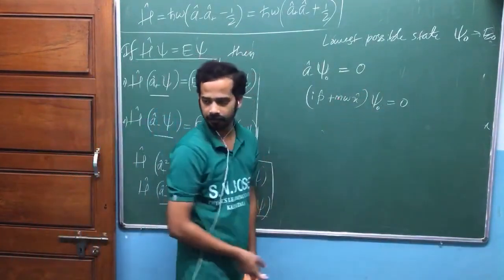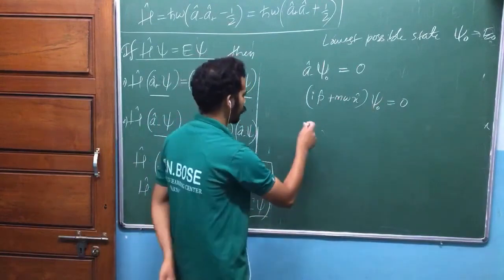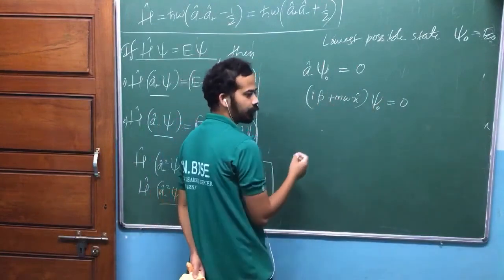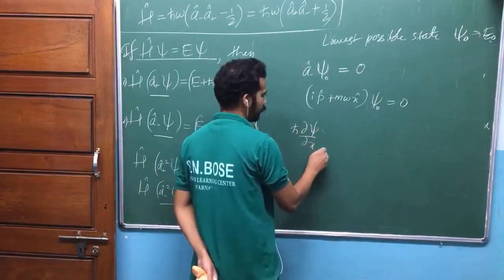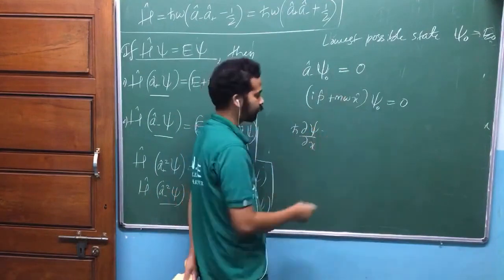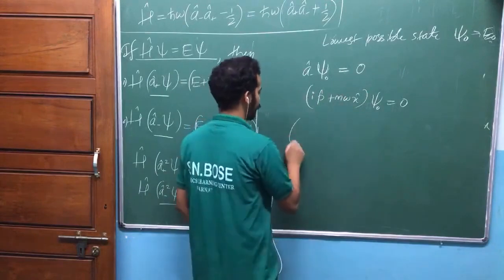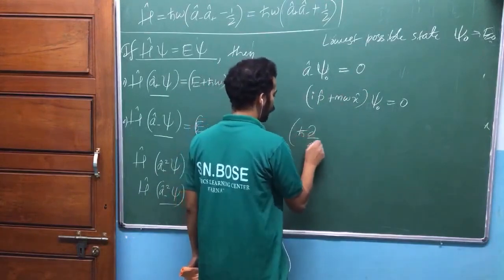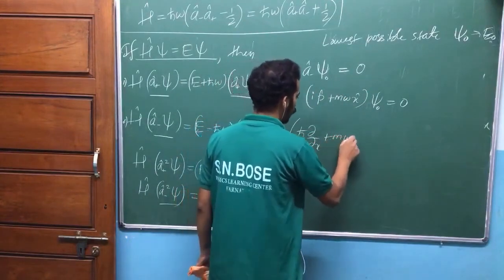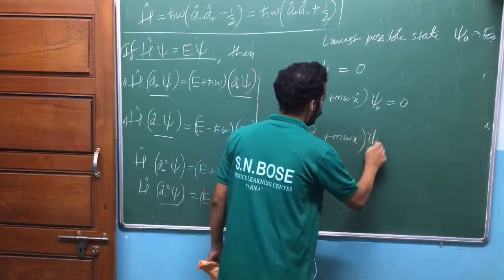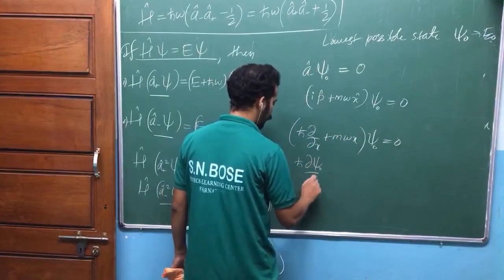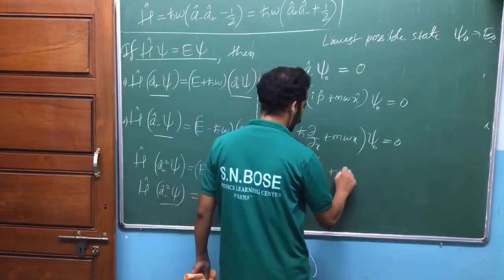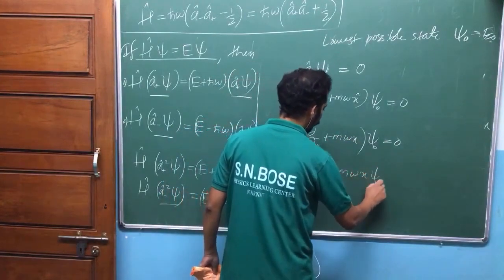You can take it that side. I into minus I h bar, that means h bar dou psi by dou x, am I right? Operating on psi naught, wait a second, let me write this one. h bar into dou by dou x plus m omega x operating on psi naught equal to 0, that means h bar into dou psi naught by dou x plus m omega x into psi naught is equal to 0.